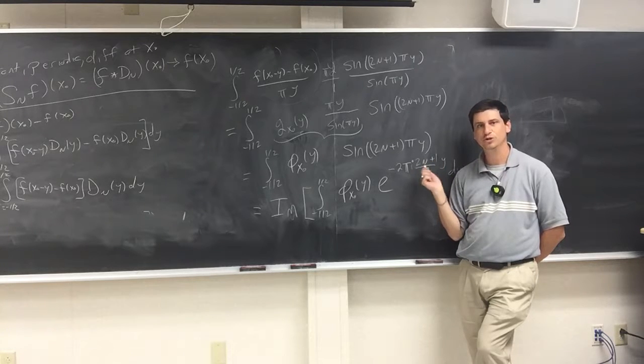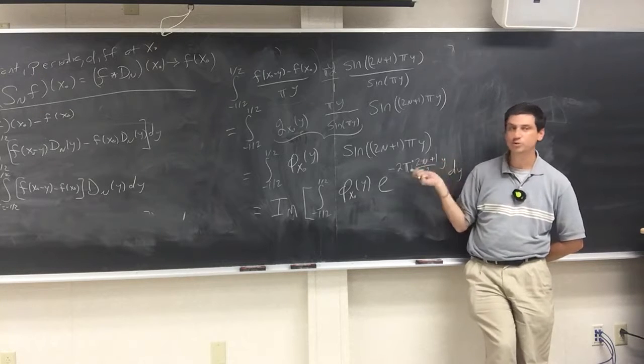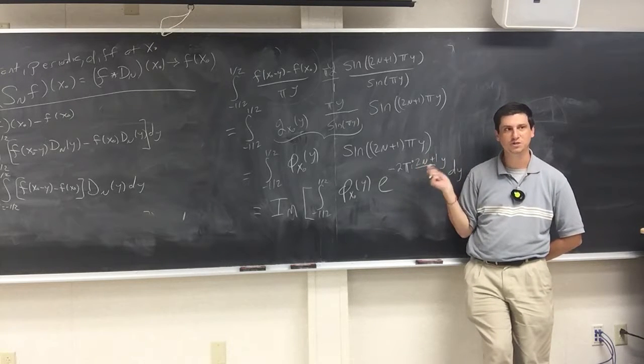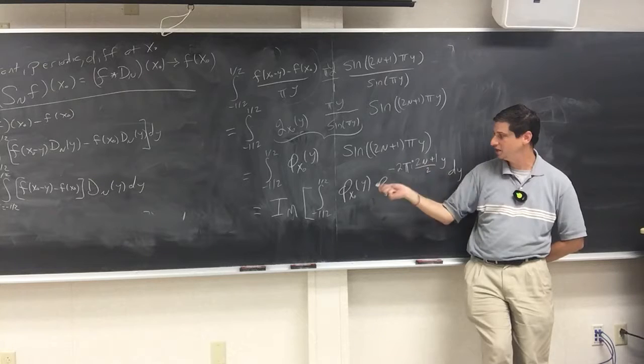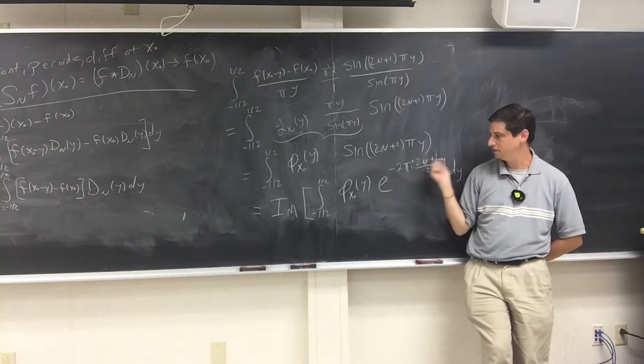We've defined this as the Fourier coefficients. If you are not seeing that this is a Fourier coefficient, you need to do a better job reading the chapter to prepare for class. You've got to recognize that this is taking a Fourier coefficient. Now what we've always done is we've taken the Fourier coefficients at integers. 2n plus 1 over 2 is not an integer, it's a half integer.